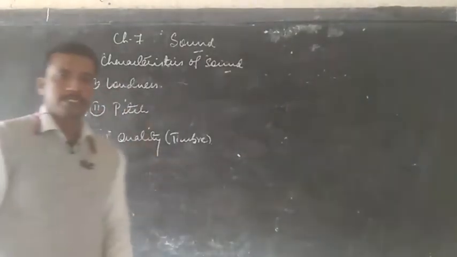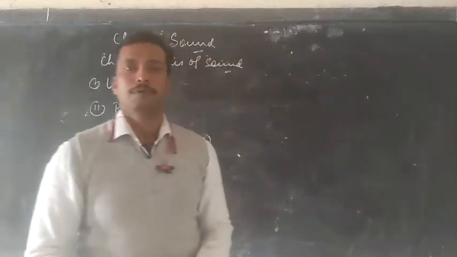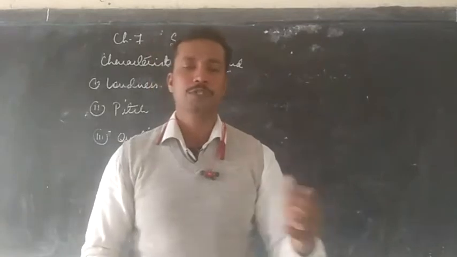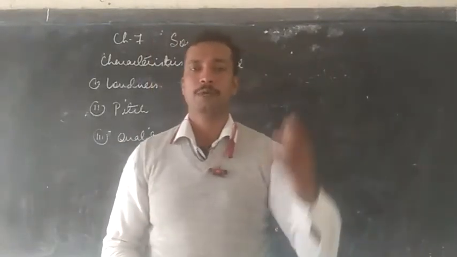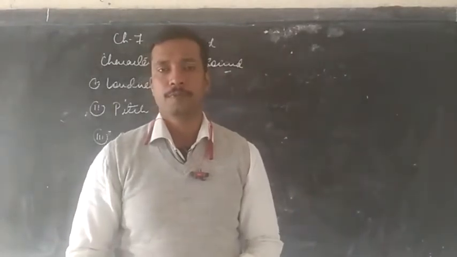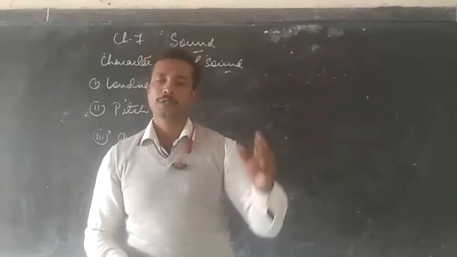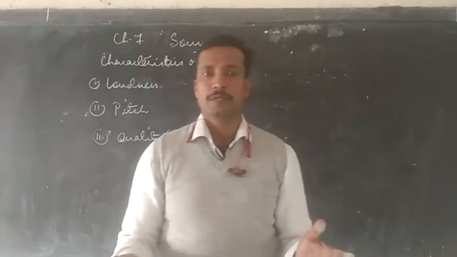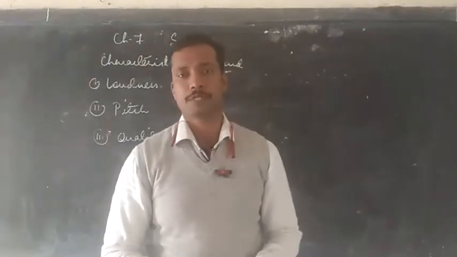Now what does loudness say about the sound? Loudness is that characteristic of sound by virtue of which we can distinguish a faint sound from a loud sound. Sometimes the same person can produce a soft sound and a loud sound also, and that can be found out using the loudness of the sound.